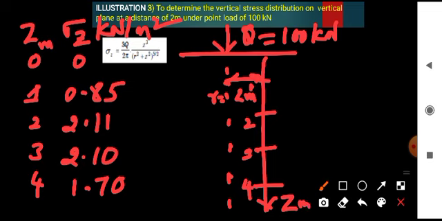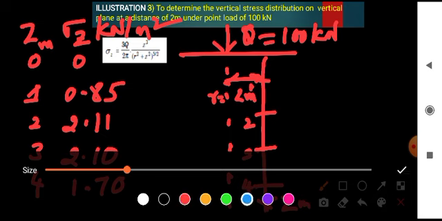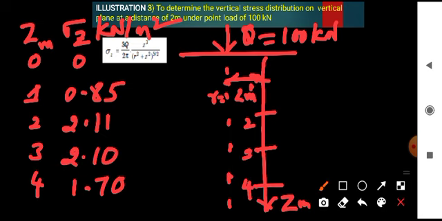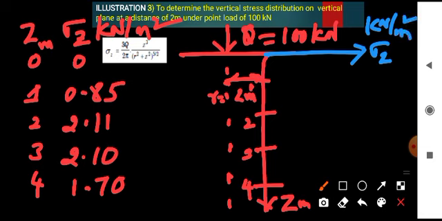Now before we draw the corresponding points, we have to mark the sigma z axis also. So let us have the sigma z axis from here. These are the sigma z values in kilonewton per meter square. The values we can take here are about 0.5, 1, 1.5, 2, 2.5.